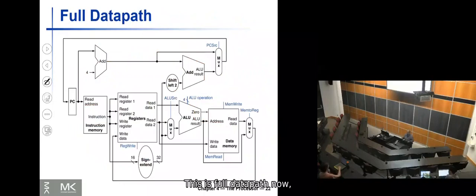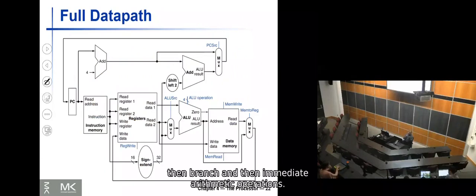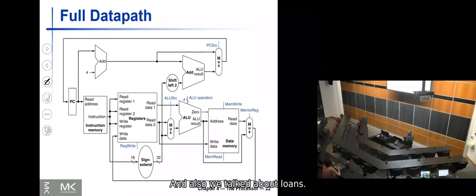This is the full data path now. It's still not complete because from the set that we have selected, we also had jump. We haven't talked about jump yet. We had talked about R format, and then branch, and then immediate arithmetic operations, and also we talked about load and store.